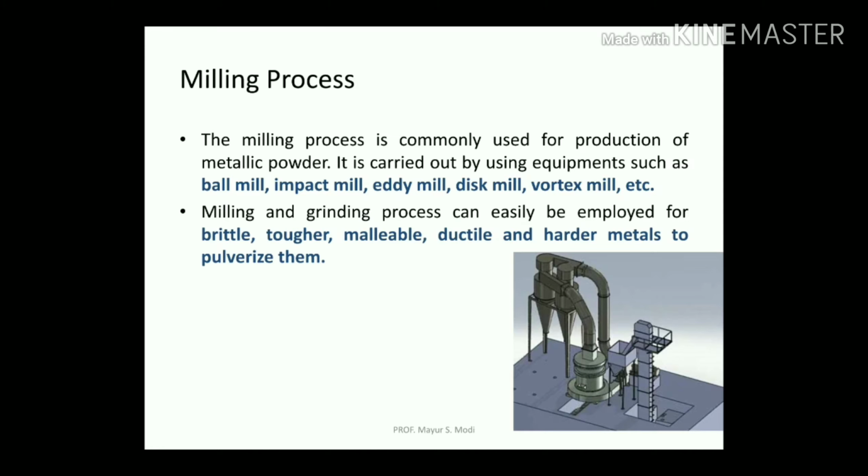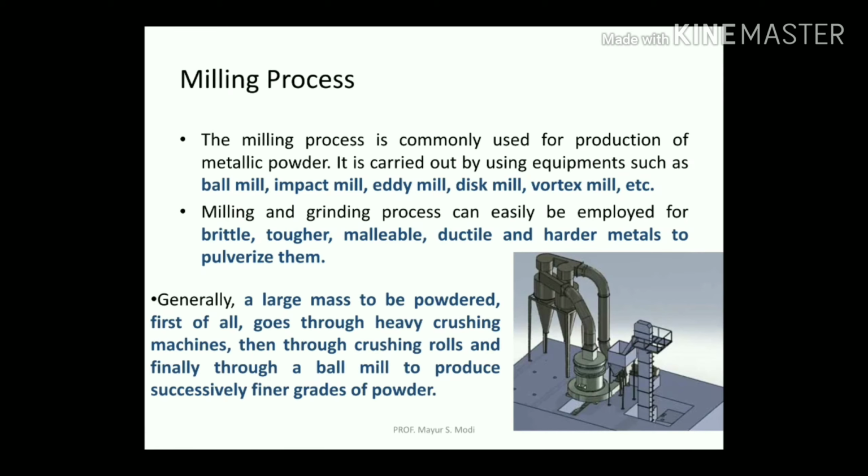Generally, a large mass to be powdered first goes through heavy crushing machines, then through crushing rolls and finally through a ball mill to produce successively finer grades of powder. If a higher amount of powder is required, this process is suitable.